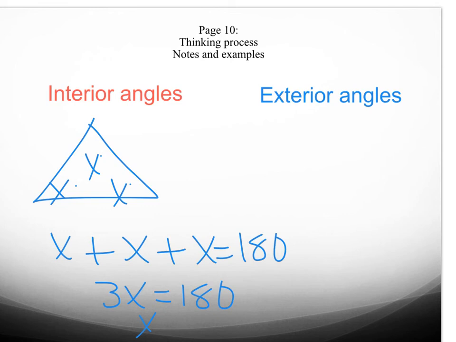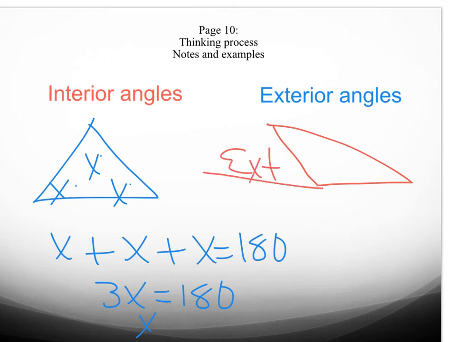Now let's take a look at the exterior angles. If we have a triangle with an exterior angle, we want to set the exterior angle by itself, equal to the sum of the remote angles.